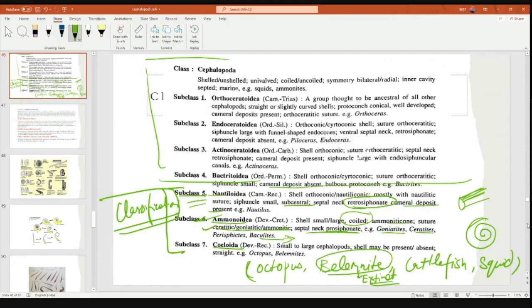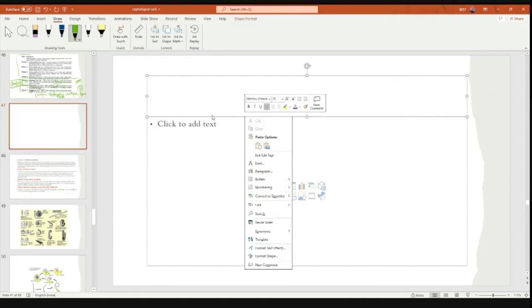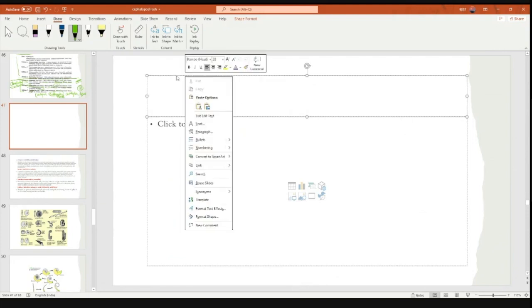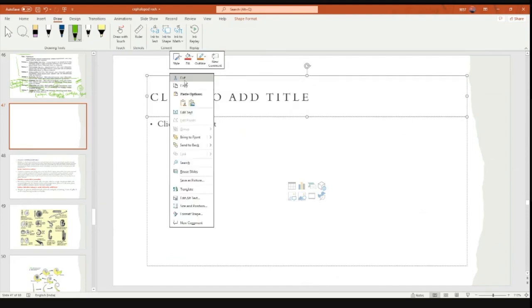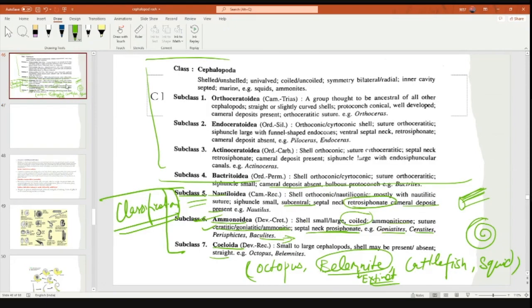And these generally have absent or straight kind of shells. Guys, do you want to write down these things or will it be fine from here?